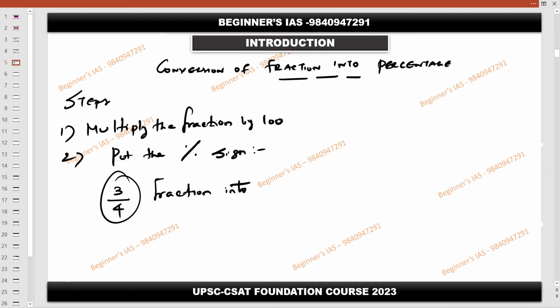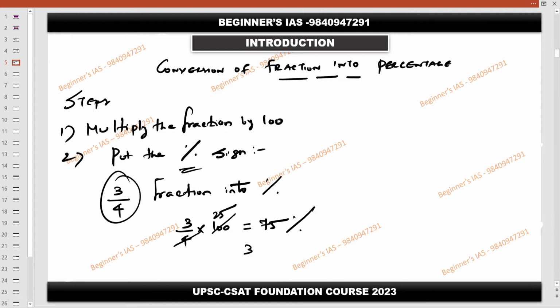Shall I proceed? Yes, sir. So this fraction we need to convert into percentage. So multiply the given fraction by 100, in terms of 100. So here 25, then 25 into 3 is 75, then put the sign at last.